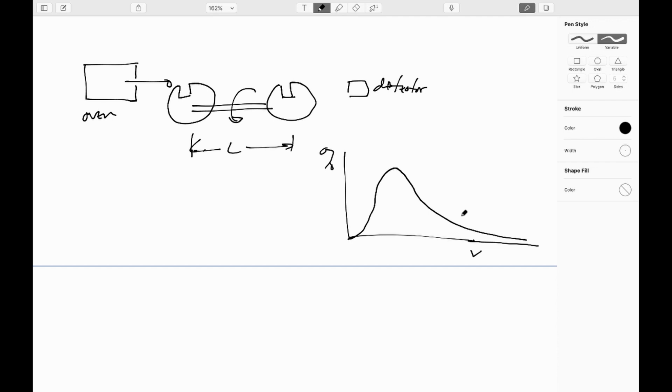Gas molecules are moving at all sorts of specific speeds. There will be one particular speed right here, which we will call the RMS speed, which we will get to defining right now, and that's the speed that we use to characterize the whole distribution.